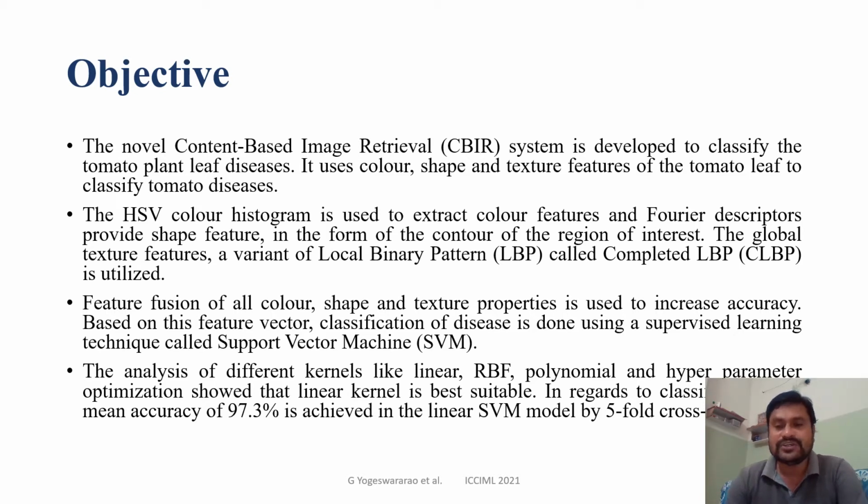After that we used a multi-class supervised learning classifier, and we used different kernels like linear kernel, RBF (Gaussian kernel), and polynomial kernel, with hyperparameter optimization, as well as cross validation. In this concept we used 5-fold cross validation, and we got around 97.3% disease classification recognition rates.